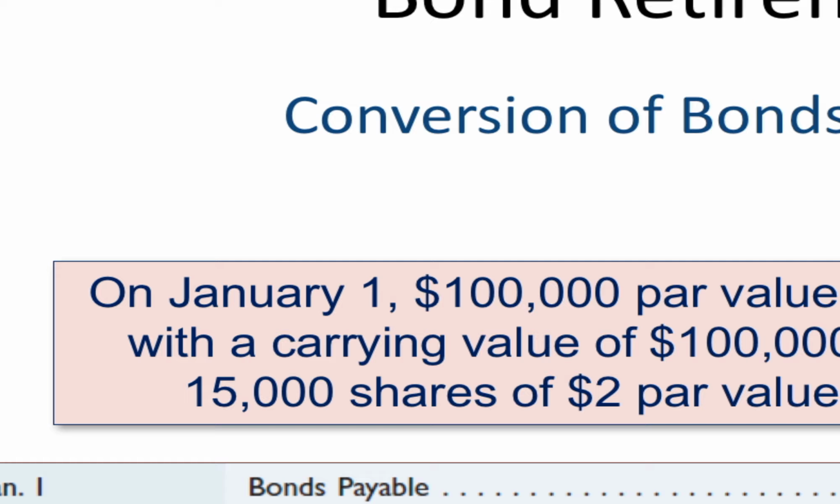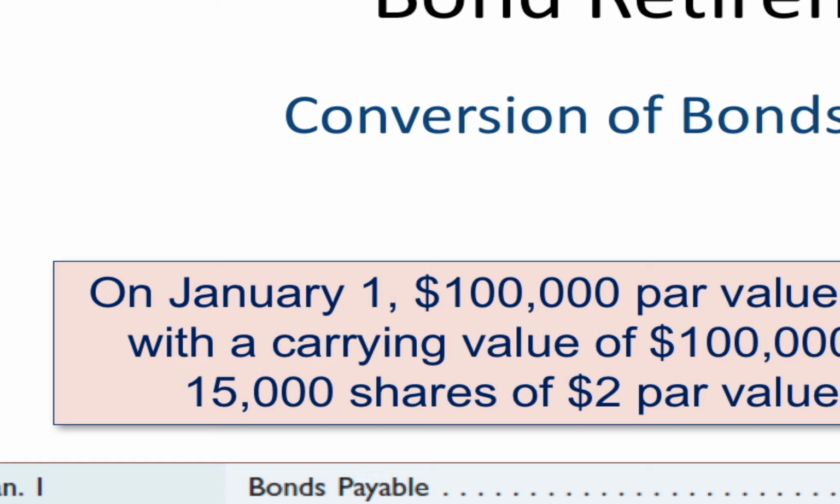Okay? So this debit to bonds payable reflects the entire principal of the bond that we were going to have to pay. Instead of giving these people cash, the terms of the bond state that we are going to give them stock. So we debit the bonds payable to get rid of it, and then the credit side looks just like it would if we went out and sold this in the marketplace.